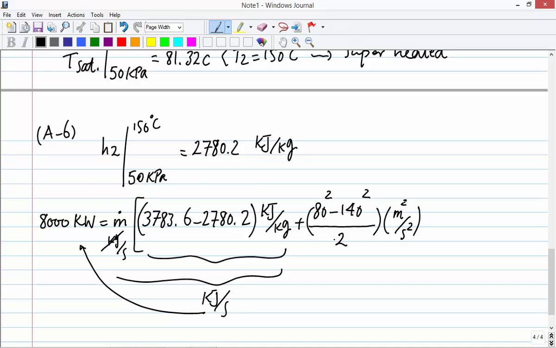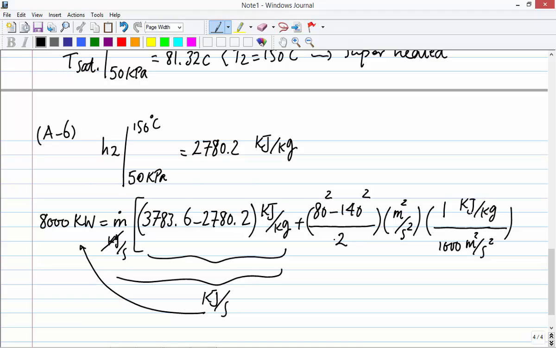But on this side, I have meters squared divided by second squared. Where is kilojoule? Where is kilogram? Right? So I need to convert that unit this way, saying I know that 1000 meter squared divided by second squared is 1 kilojoule per kilogram. You can check it by yourself. It's easy. Kilojoule is energy. Energy is force times displacement in meters, and the force is Newton, which is mass times acceleration.